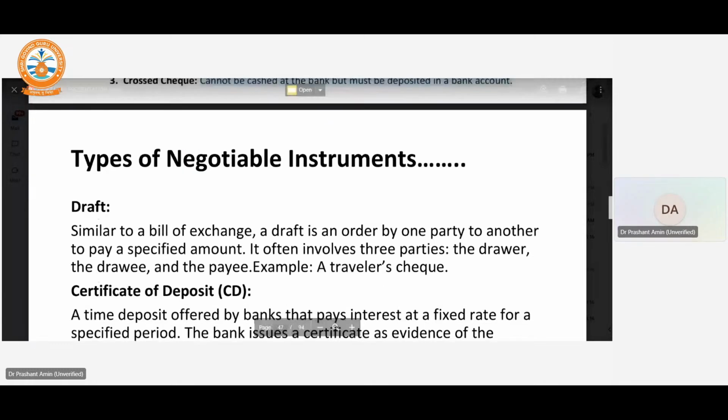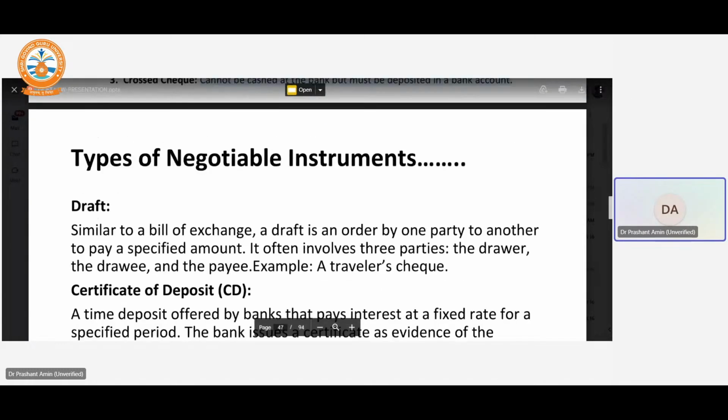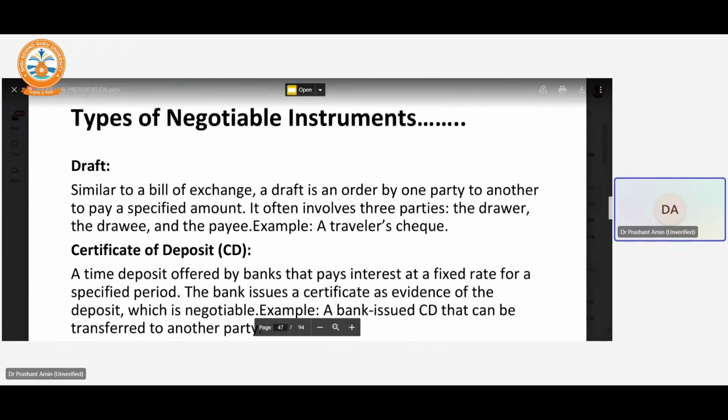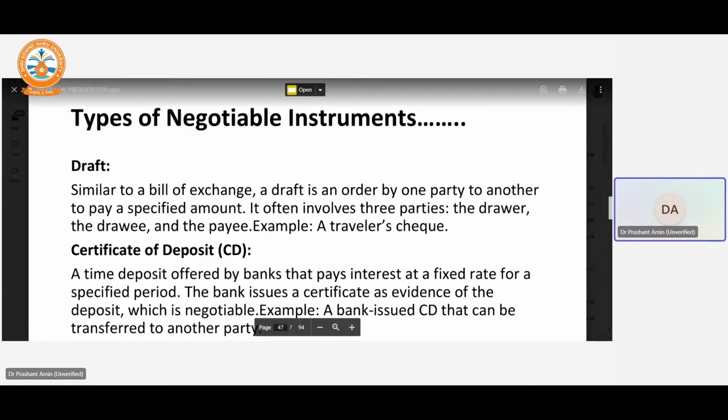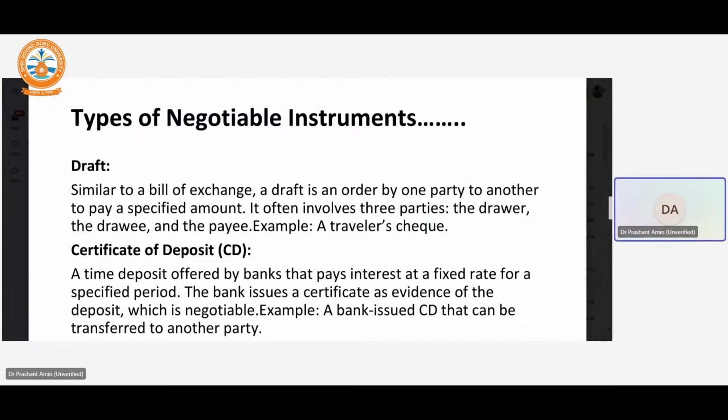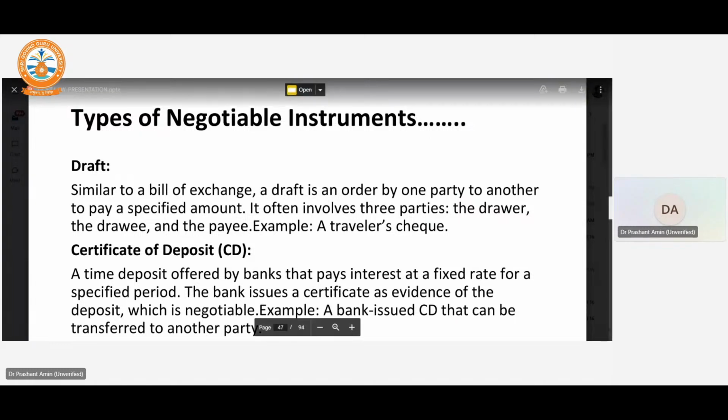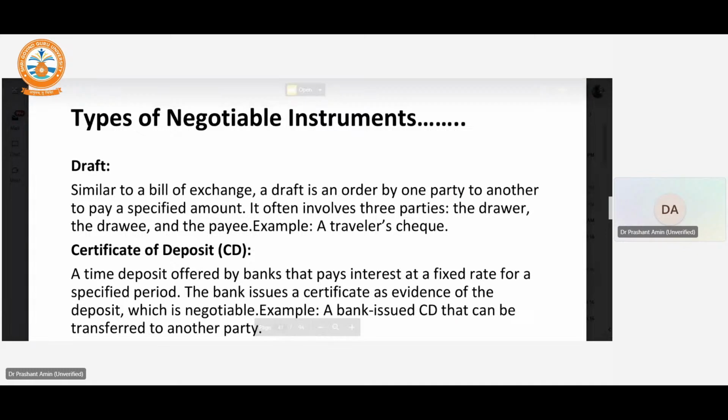right? Next, after the 3 types, the fourth is a draft, the demand draft. Similar to the bill of exchange, a draft is an order by one party to another to pay a specific amount. It often involves 3 parties: the drawer, the drawee, and the payee.